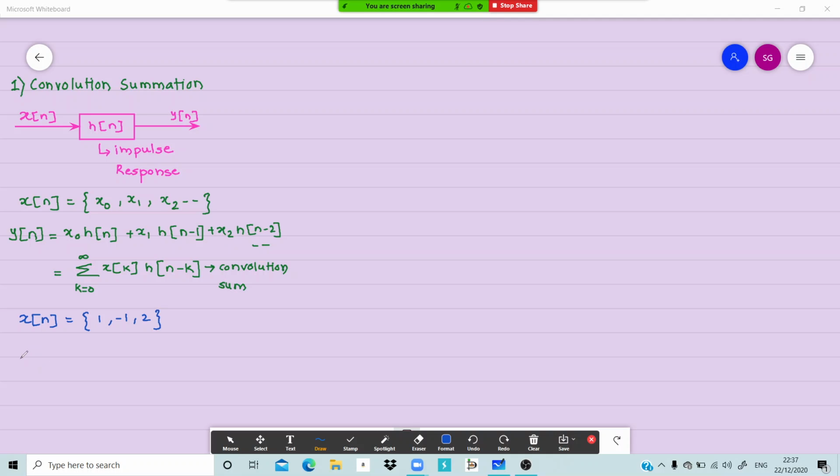And let h n, the impulse response for this system, be 2, 1 and -1. So you know that y of n is going to be summation of k equal to 0 to infinity x of k, h of n minus k.